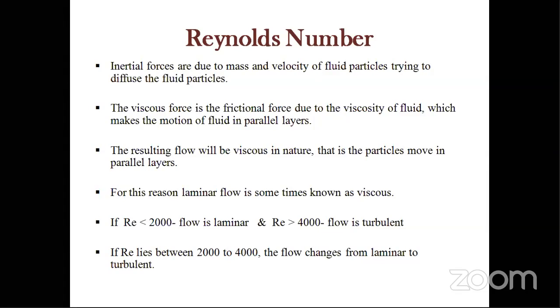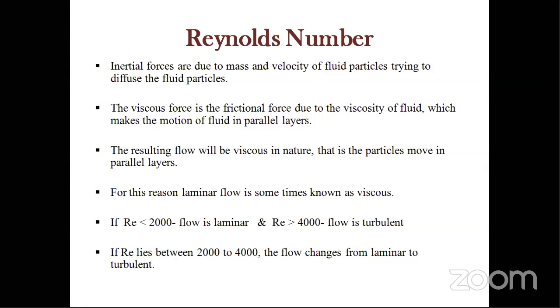He saw in this experiment that if the Reynolds number value is less than 2000, it is called laminar flow or viscous flow. Why does it not have a dimension? Because the Reynolds number is dimensionless. It does not consist of any dimensions. It is dimensionless or unitless.